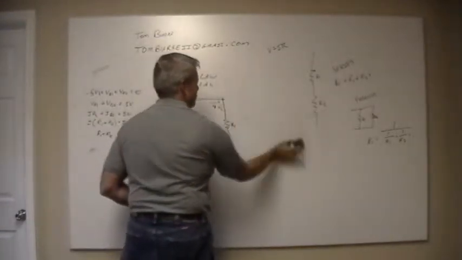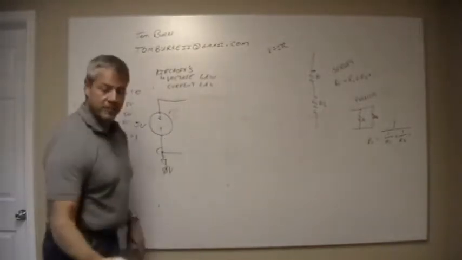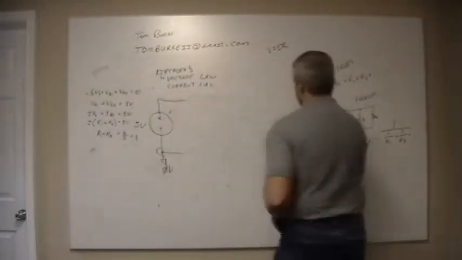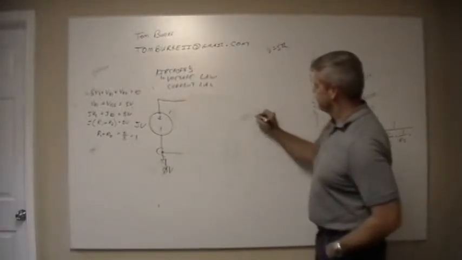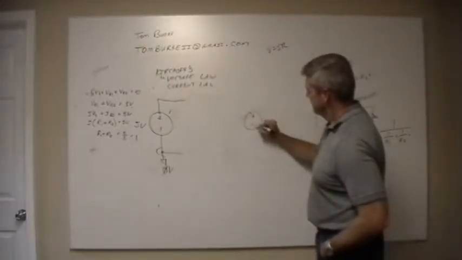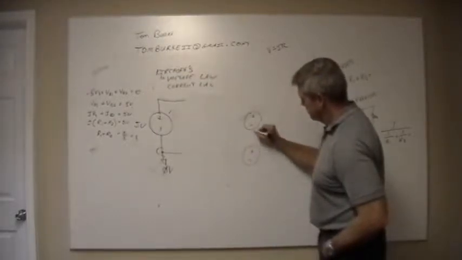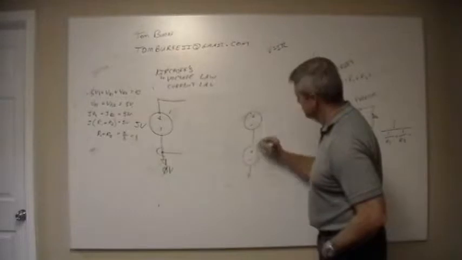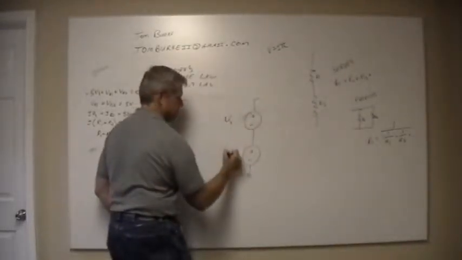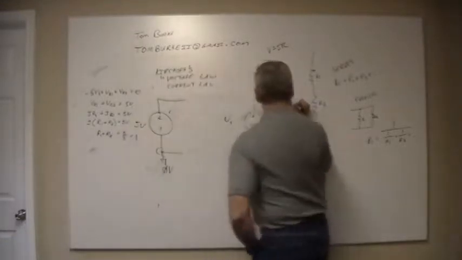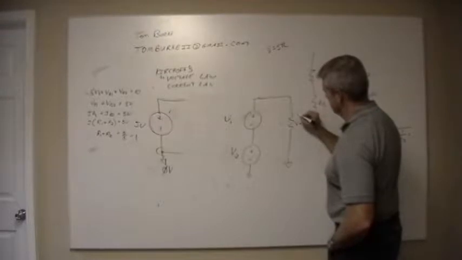Okay, now we're going to talk about batteries. A battery or a voltage source in series with another voltage source: this is V1, V2, and V total here.